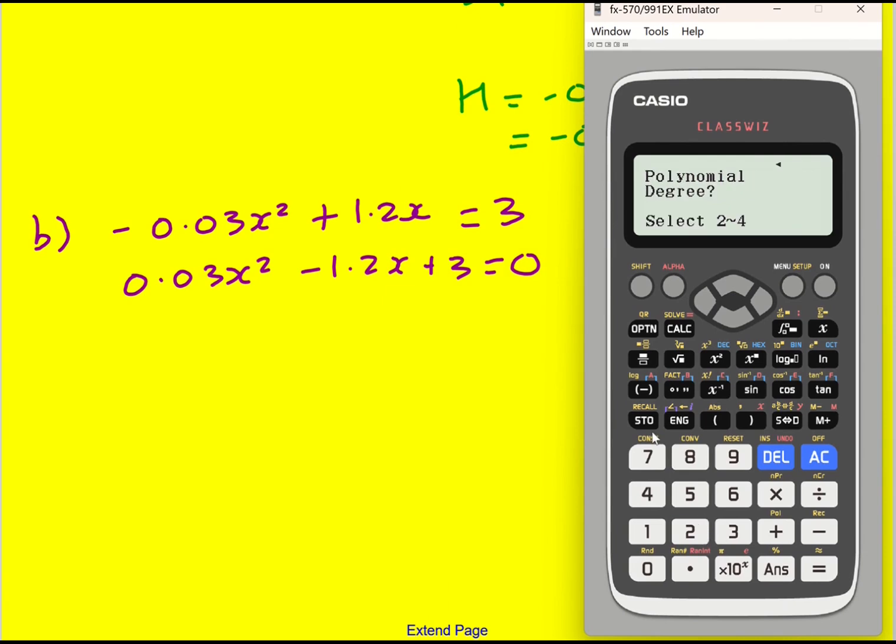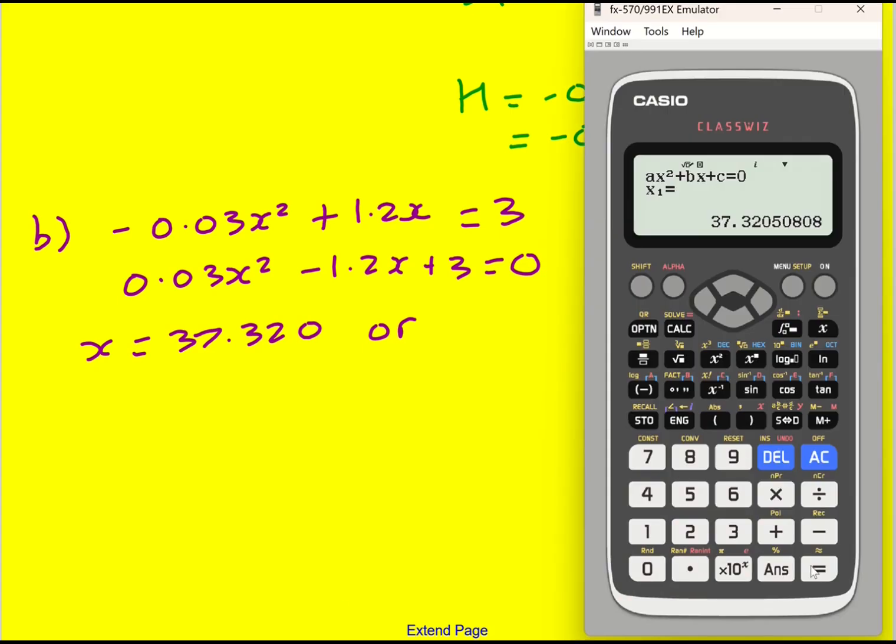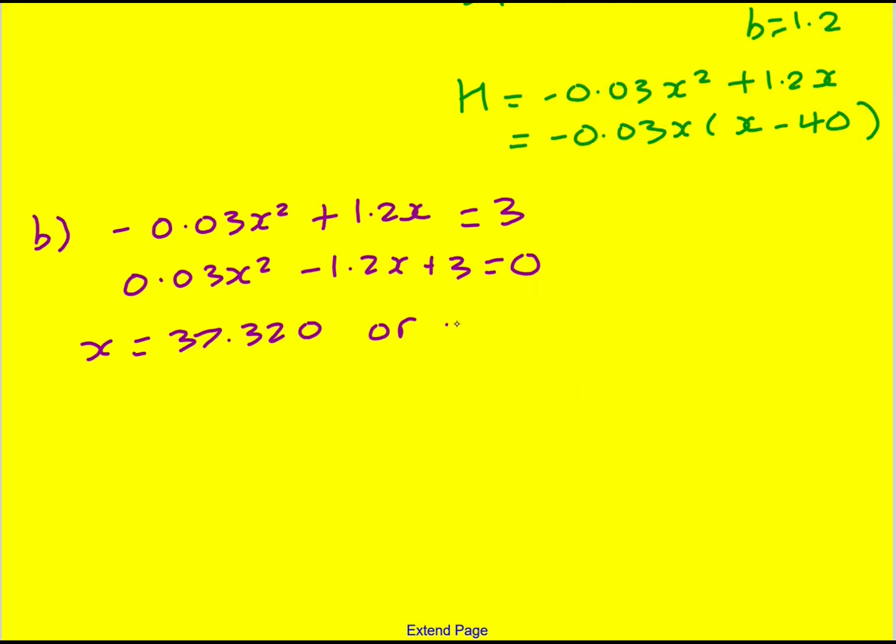Of course, make sure you can do the minus b plus or minus formula. So 0.03x squared minus 1.2x plus 3. We get 37.320, and we do get the second solution, 2.6794.